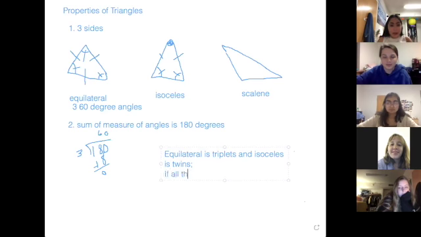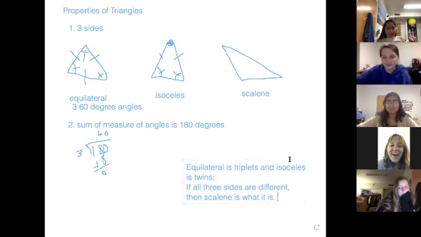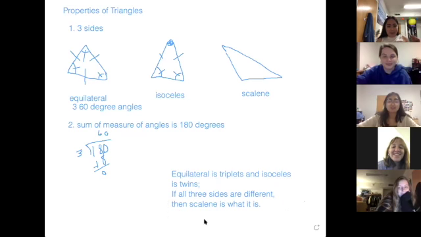But if all three sides are different, then scalene is what it is. So I know it's kind of silly, but we're going to say it together so that we remember it. Okay, ready, go. Equilateral is triplets, and isosceles is twins. If all three sides are different, then scalene is what it is.